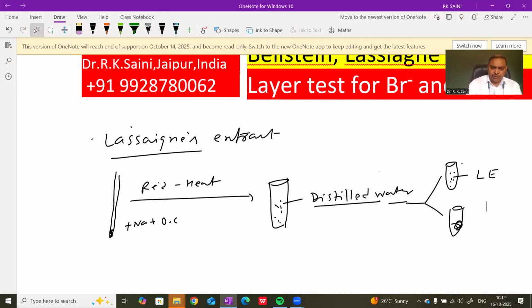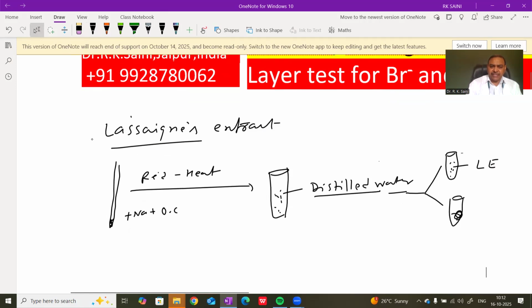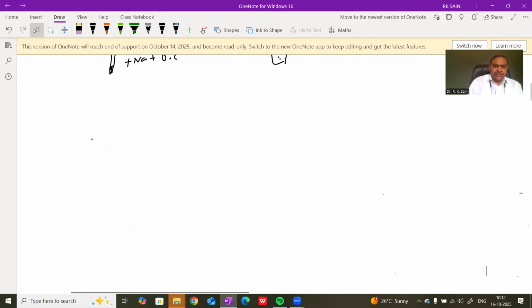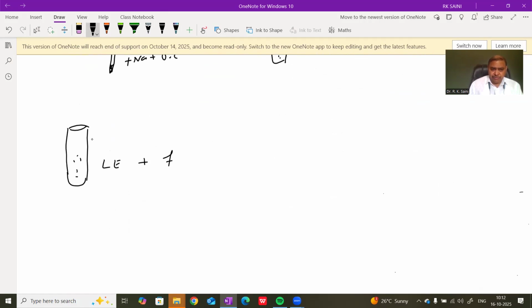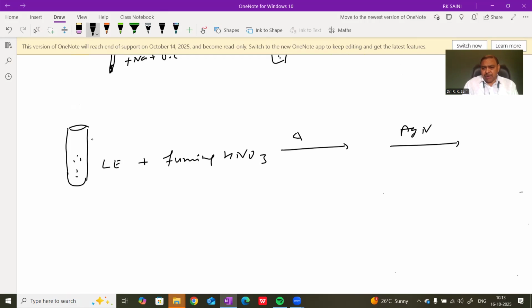For the test of halogen, we take Lassaigne's extract in another test tube and add some drops of fuming HNO3, meaning concentrated HNO3, and heat further. Then add a solution of silver nitrate.